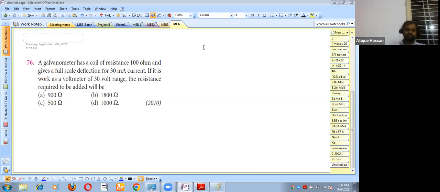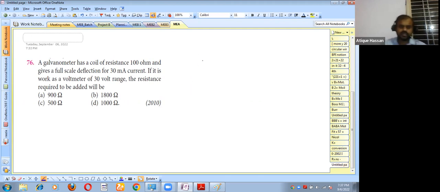It says a galvanometer has a coil of resistance 100 ohm and gives a full scale deflection for 30 milliampere current. If it is worked as a voltmeter of 30 volt range, the resistance required to be added will be.